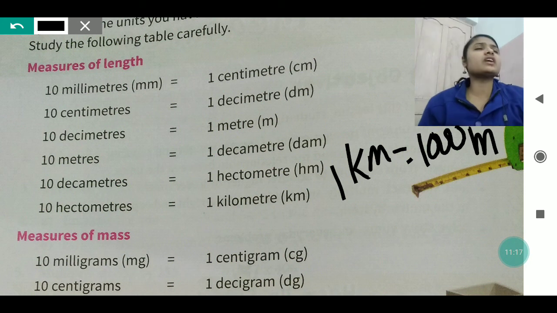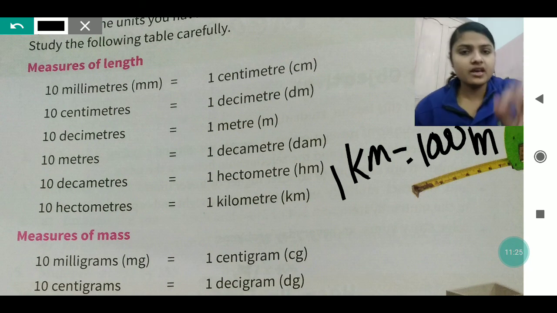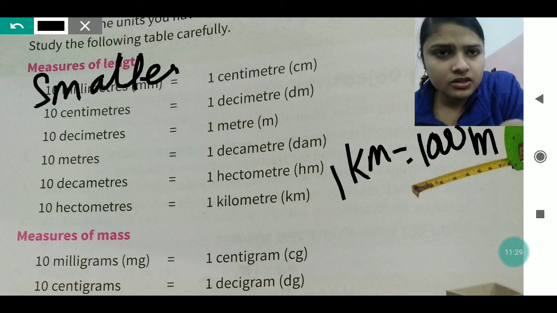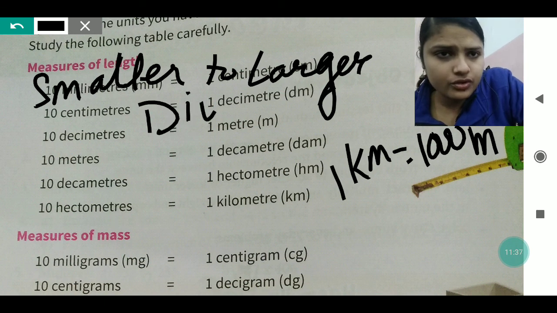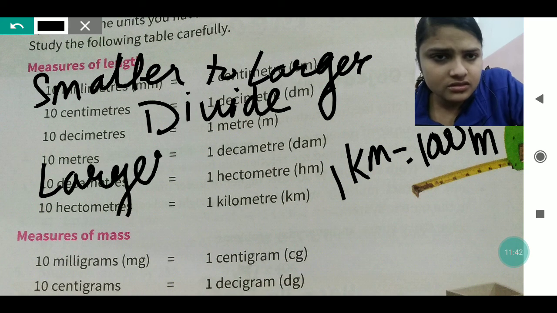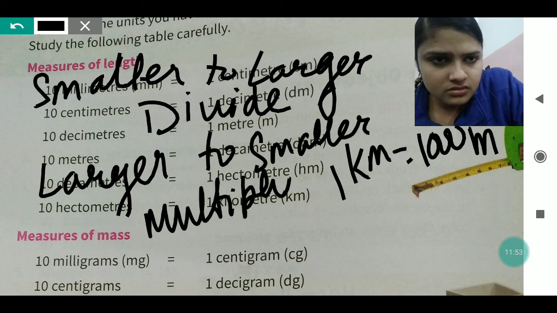meter. So suppose if the conversion is given, my dear, to convert any number from kilometers to meters, we always multiply. Whenever we are converting the number from larger to smaller unit, we multiply.